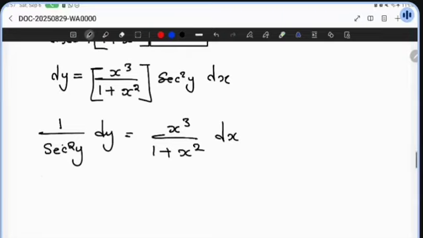Notice that now we have successfully separated these variables. Now the question is, do you know how to integrate sec squared y? And do you know how to integrate this?